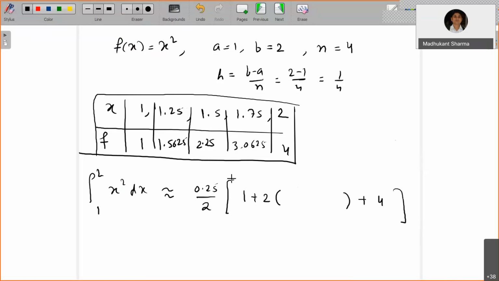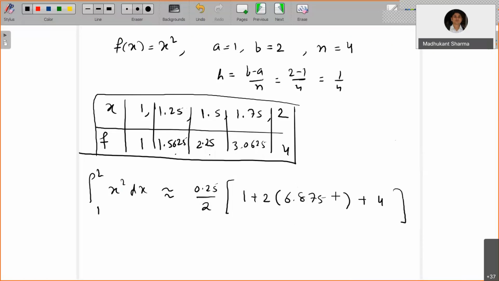So the sum of the intermediate values, 1.5625 plus 2.25 plus 3.0625, is going to be 6.875.